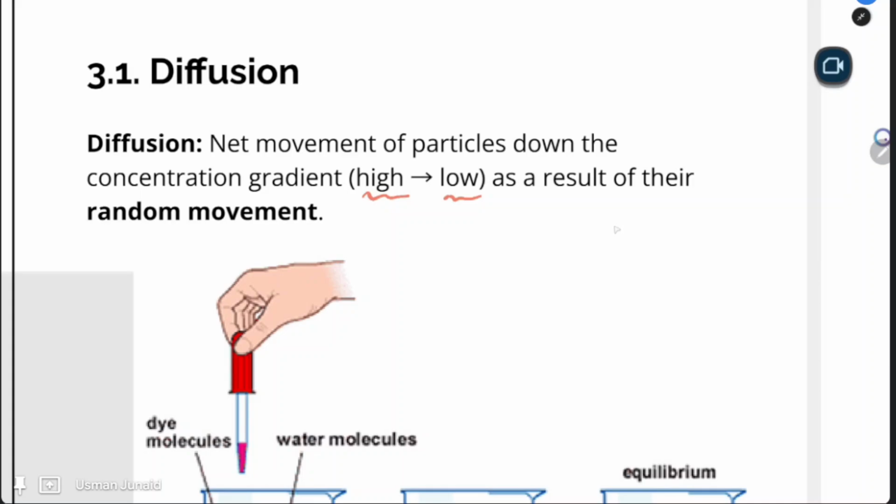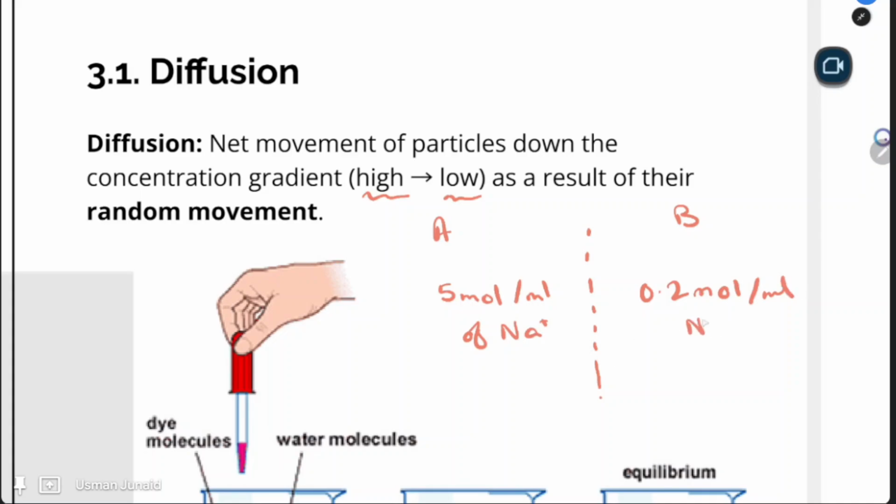For example, if I have A and B. A has a concentration of 5 moles per milliliter of sodium, and B has a concentration of 0.2 moles per milliliter.